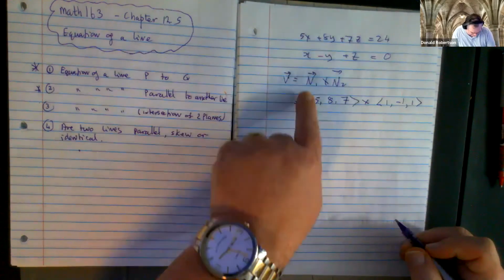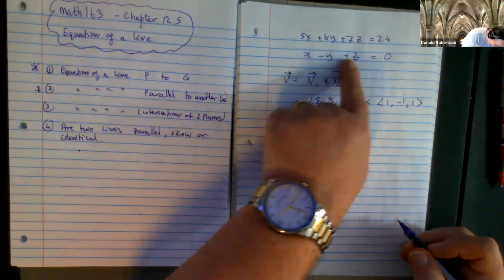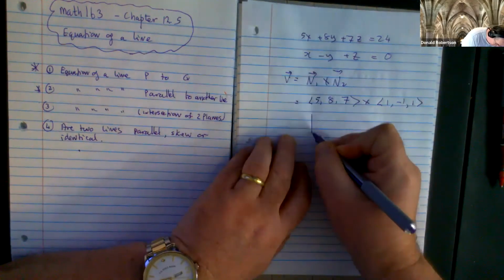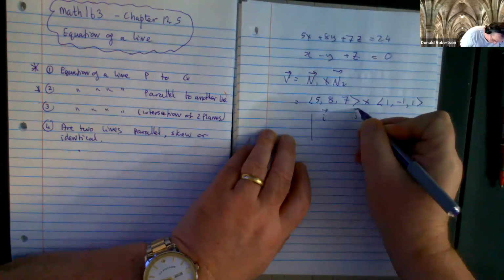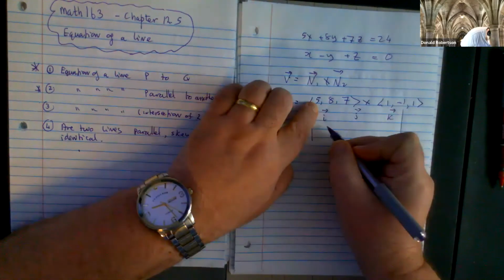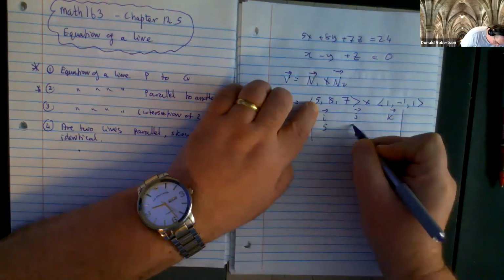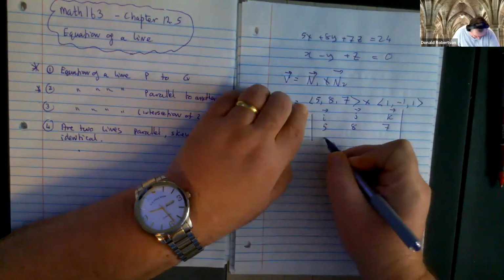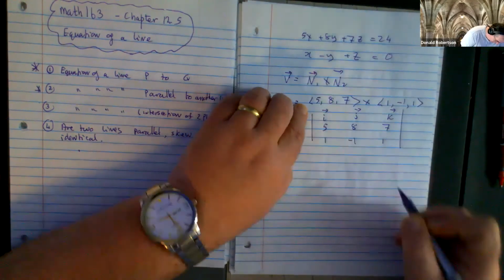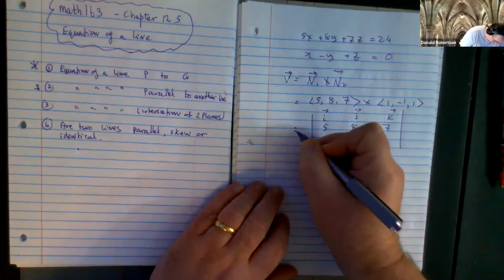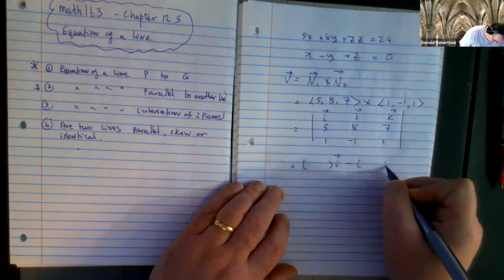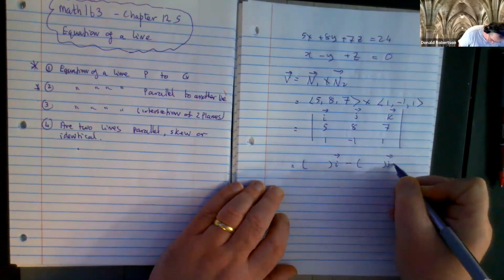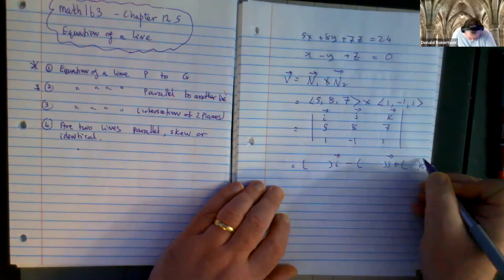In this case, it's going to be an i, a j, and a k. 5, 8, 7, 1, -1, 1. Let's see what that looks like. So many i's, take away so many j's, plus so many k's.